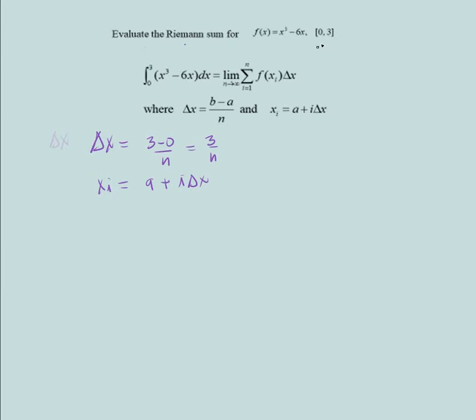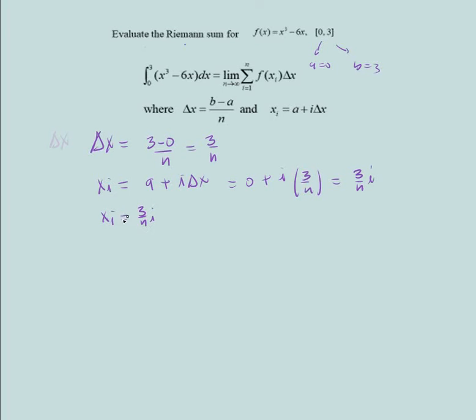According to our case, a is equal to 0 and b is equal to 3. So this is going to be 0 plus i times delta x, which we already found is 3 divided by n. So xi is 3 divided by n times i.